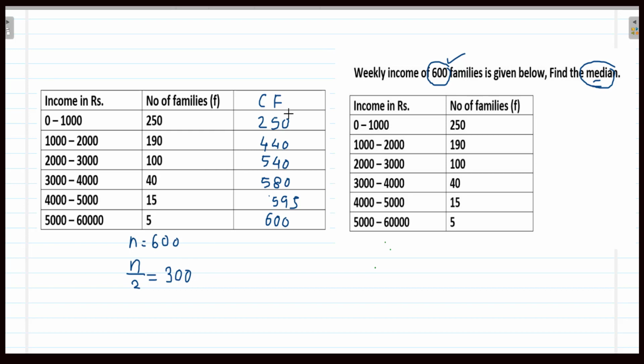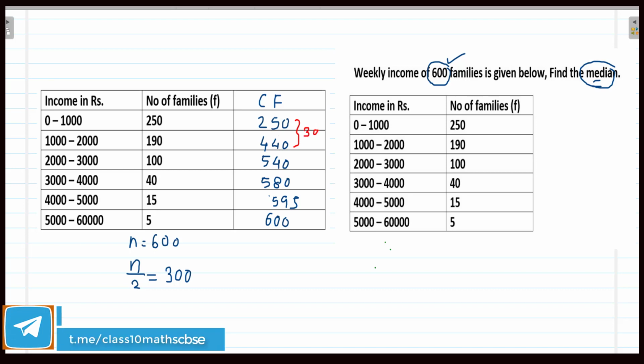So search for 300 in the cumulative frequency, and here you will find that it lies between 250 and 440, and therefore we take 440.